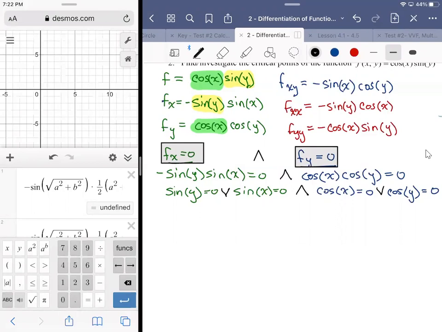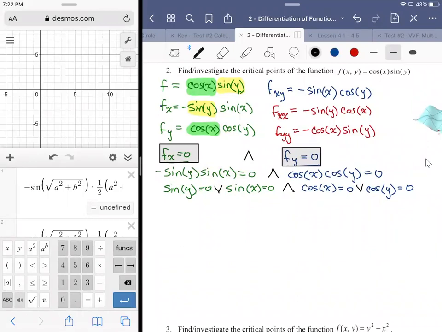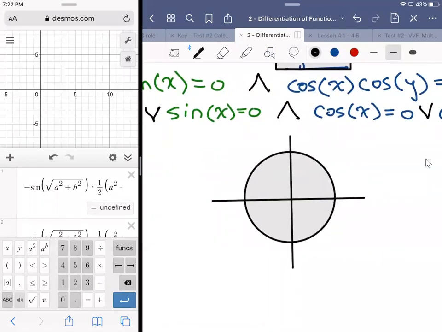So for now, what I'm going to say is, all right, we're thinking in terms of the unit circle. And just for the sake of having something to point to, I'm going to draw a quick circle. I'm going to end up moving it off on the side in a minute, but we have 0, pi over 2, pi, 3 pi over 2, and 2 pi.